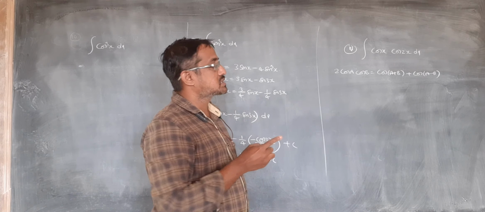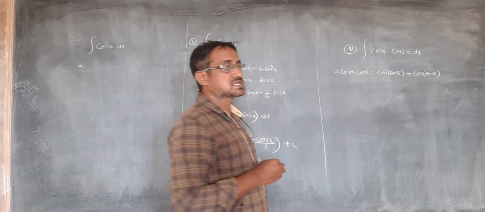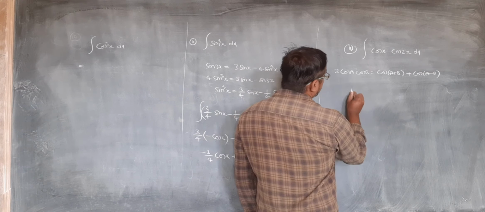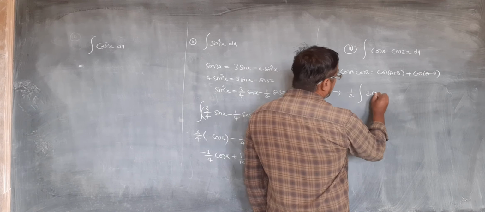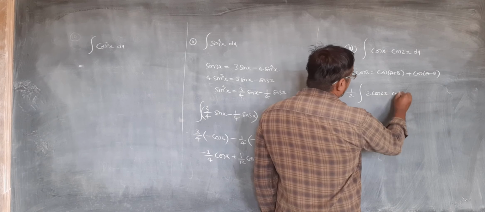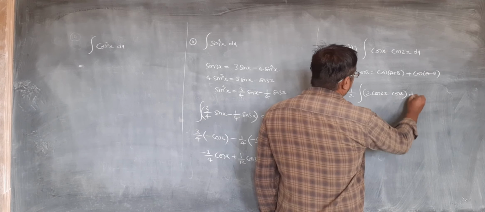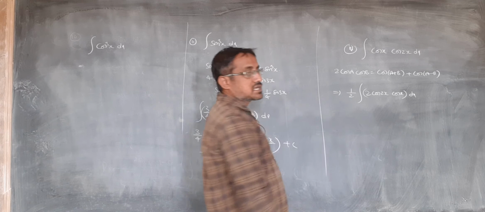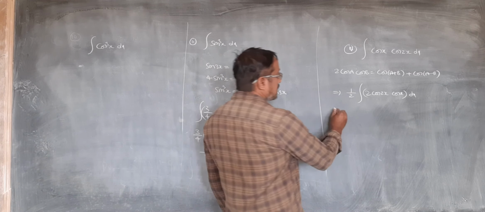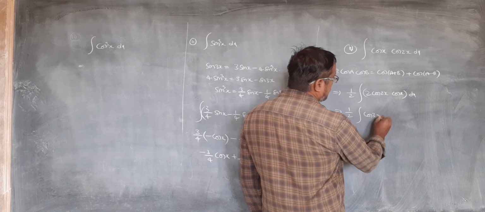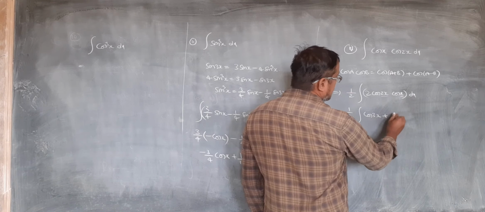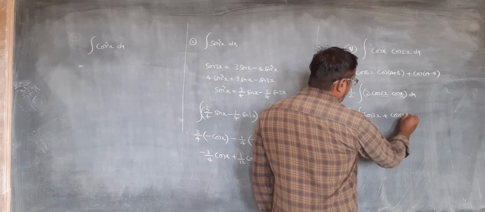So I can write this as 1 by 2 integral 2 cos 2x into cos x dx. Now this is 2 cos a cos b. So 1 by 2 into 2 cos a cos b is cos of a plus b plus cos of a minus b.